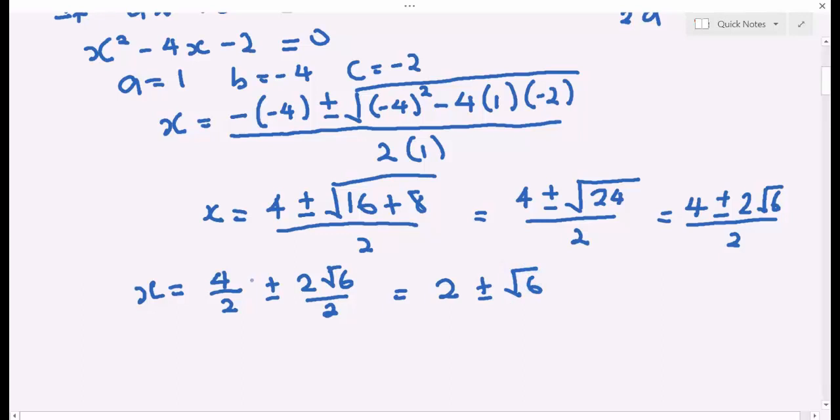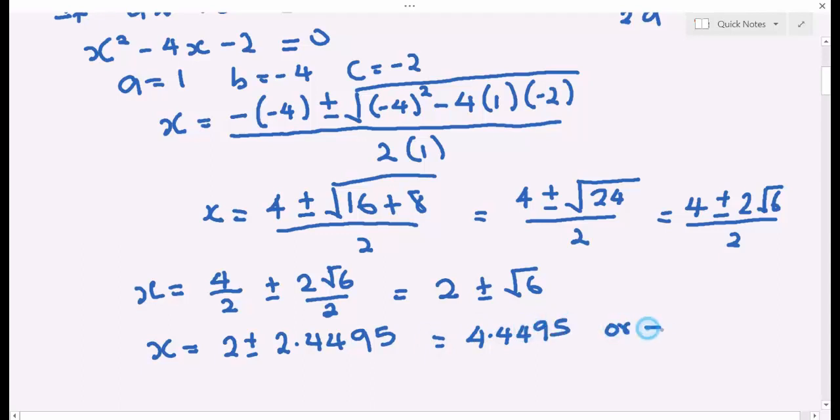This will give us x is equal to 2 plus or minus 2.4495, which is the same thing as 4.4495 or minus 0.4495, which is equal to 4.45 or minus 0.45.